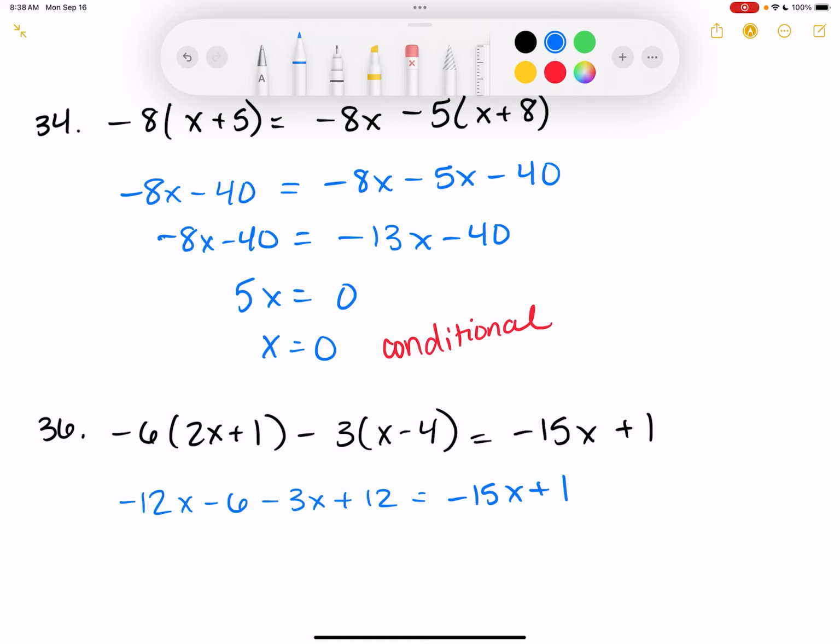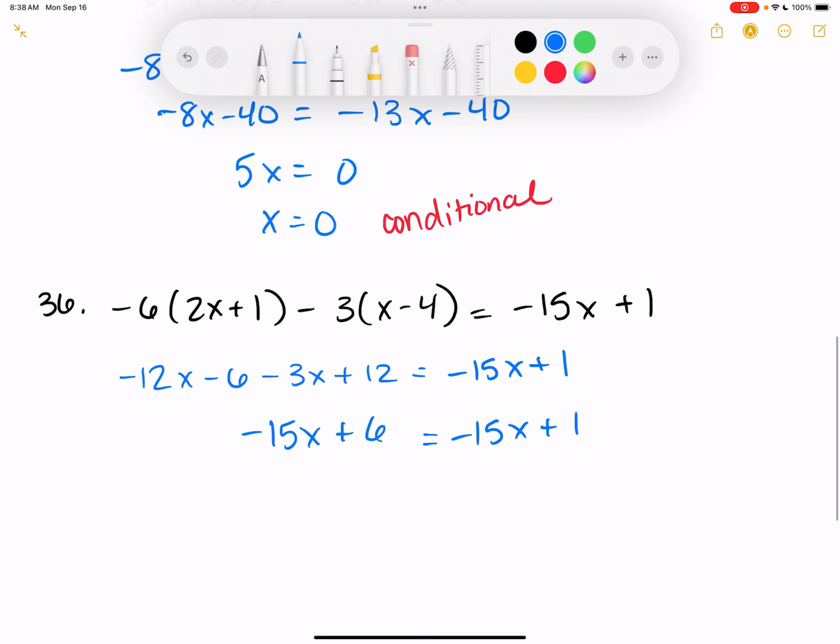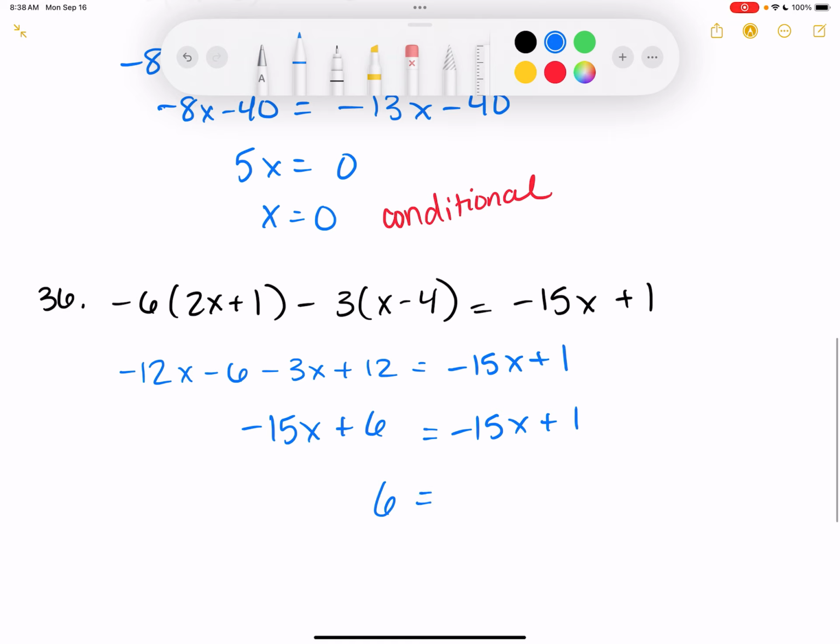So I've got negative 15x plus 6 equals negative 15x plus 1. At this point, I can either just move the x's over because they're the same value and I'll be left with 6 equals 1, or you can move it over and subtract something and say negative 5 equals 0.